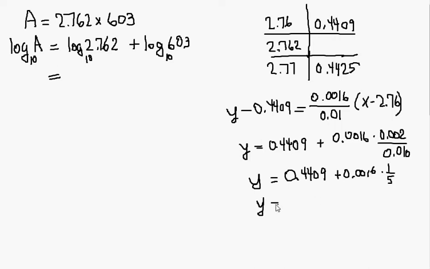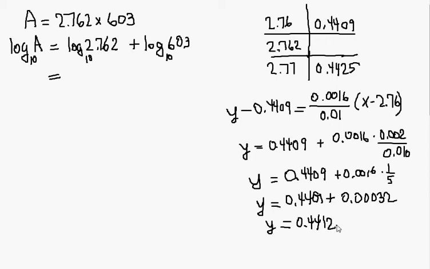So 0.4409 plus a fifth of 16 is 3.2, so I'd have 0.00032, and so adding, we would get that our approximation is 0.44122.